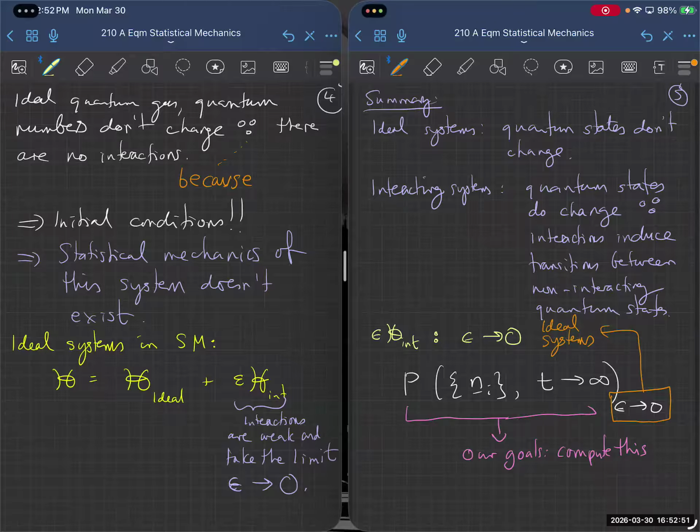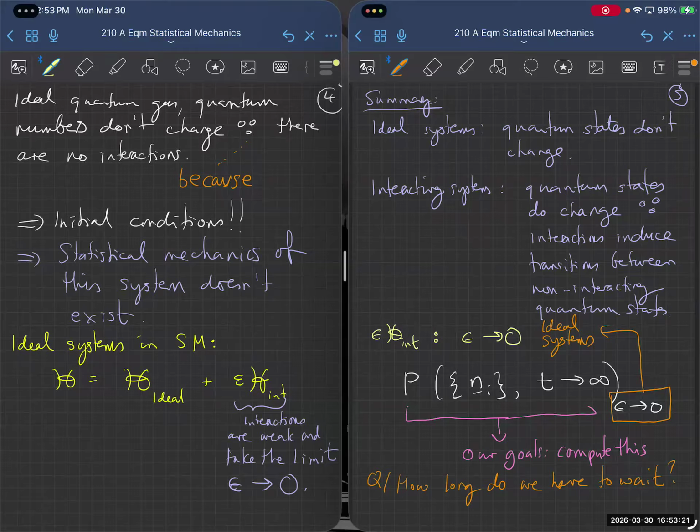How long? So the question becomes, how long do we have to wait?